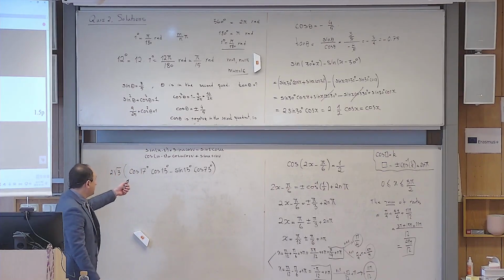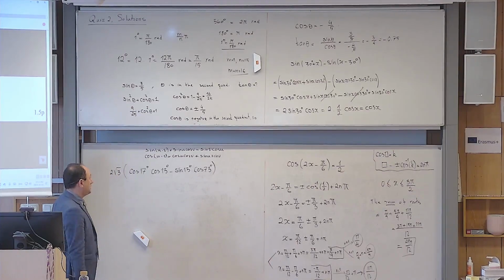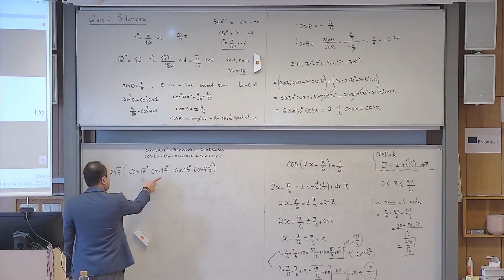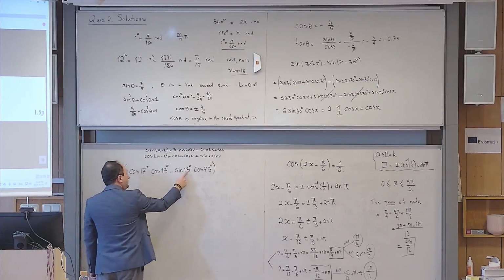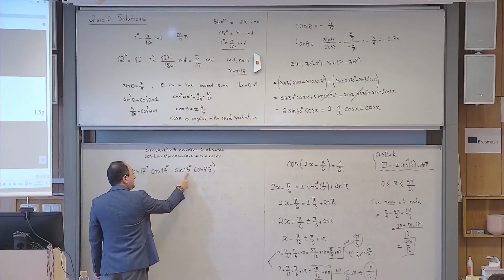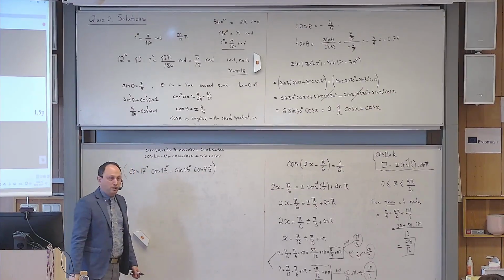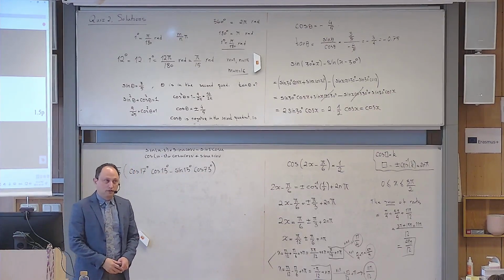Okay, but this is something you have to be wise enough to discover. Here the pair of angles that I have is 17 and 13. Here 13 repeats itself, but 17 is replaced by 73.